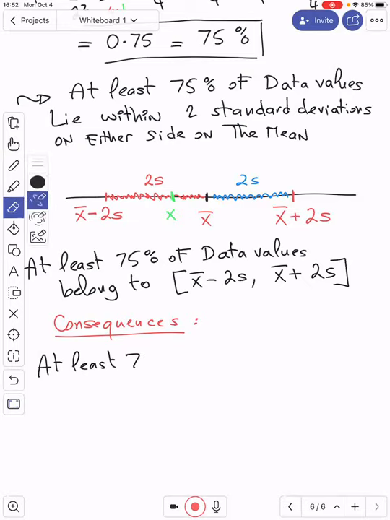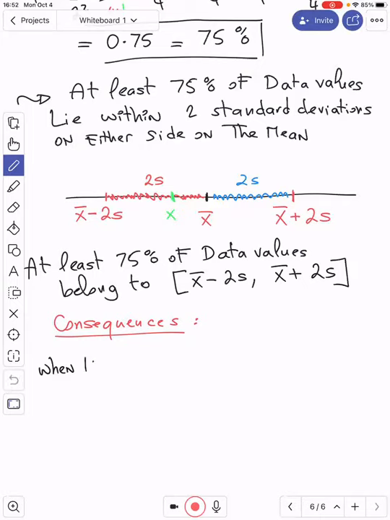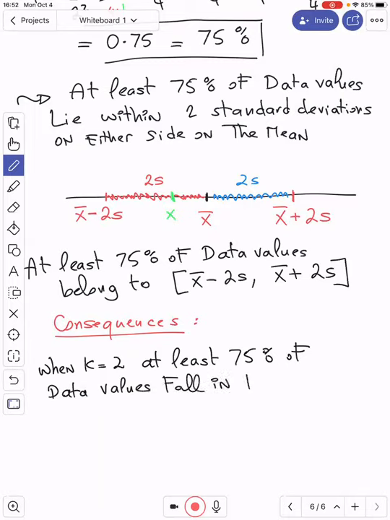When k is 2, we are saying at least 75% of data values fall in the interval X bar minus 2s and X bar plus 2s.